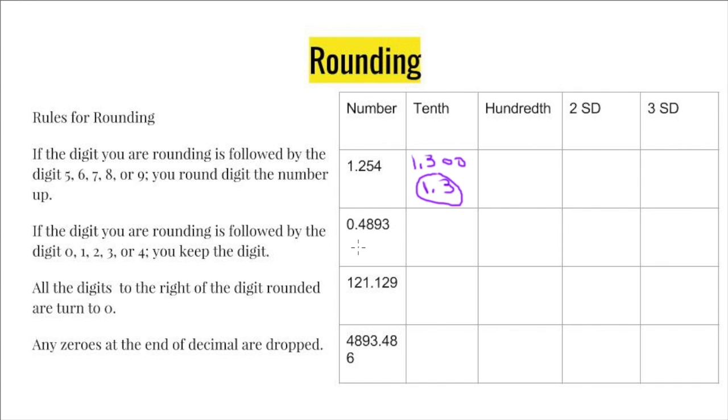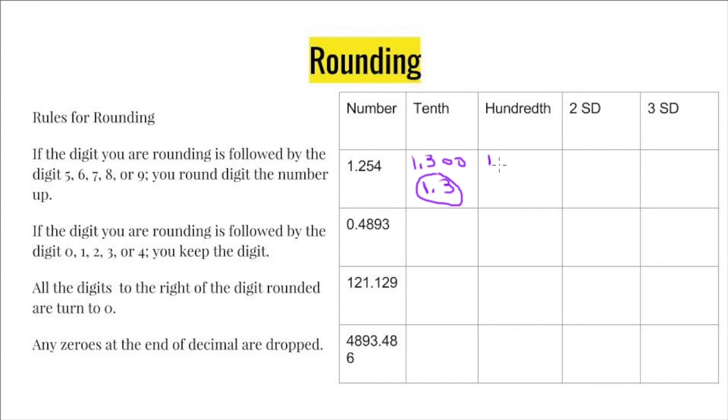Now, let's look at the next one. We are to round this to the nearest hundredth. So we need to look at our hundredth position. In this case, it happens to be 5. So we look to the immediate right, which is a 4. That 4 tells that 5 to stay the same.